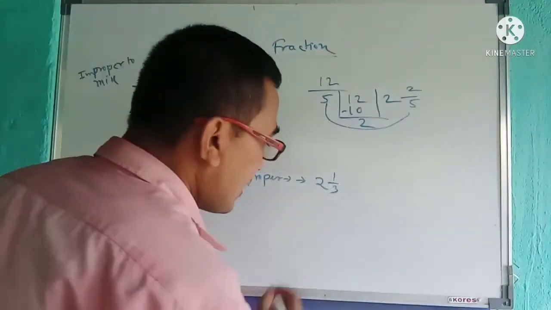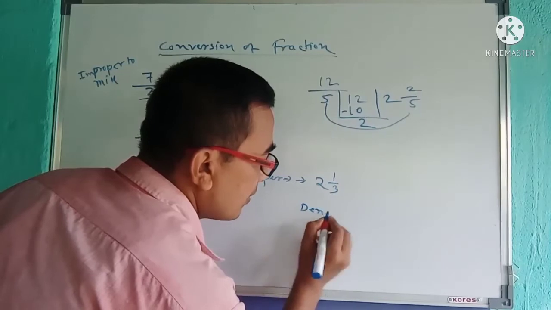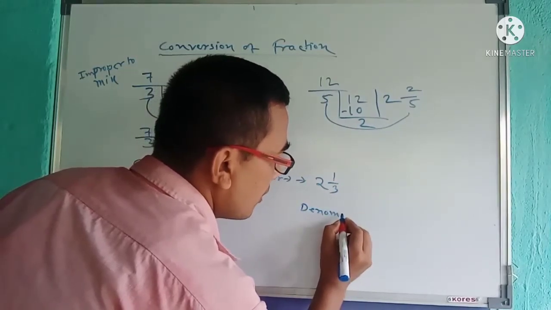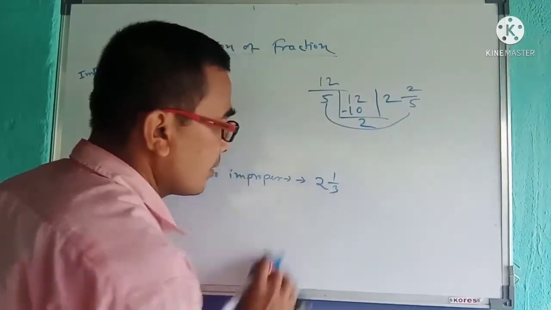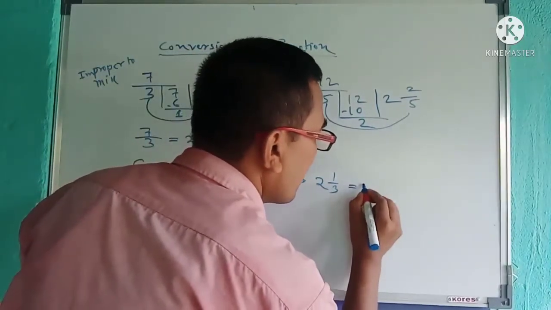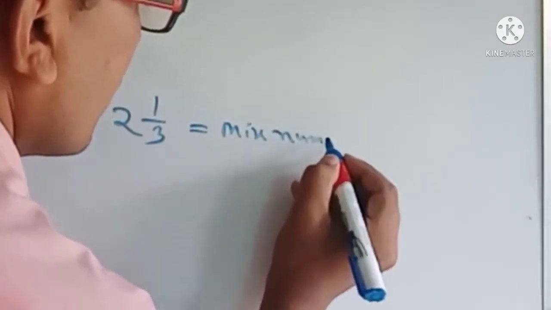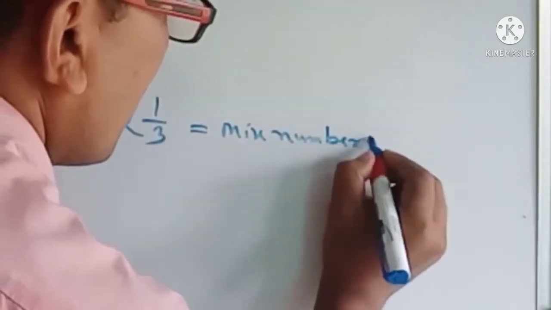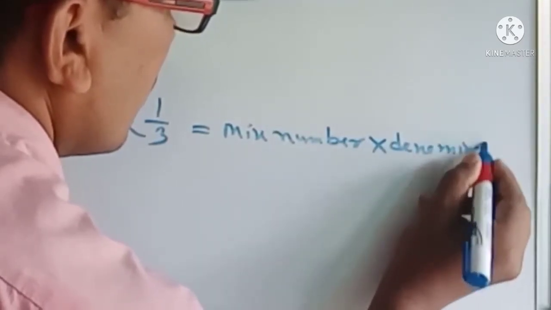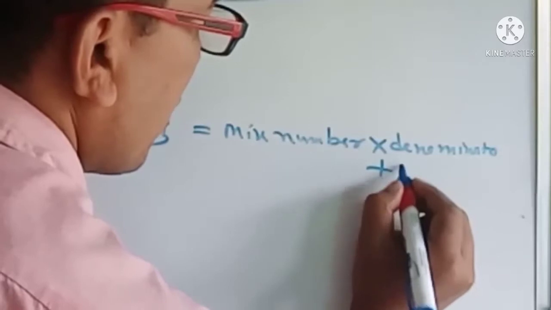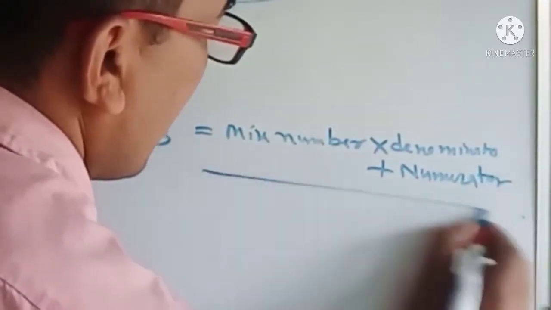So the rule is: multiply the mixed number with the denominator, plus the numerator, over the denominator.